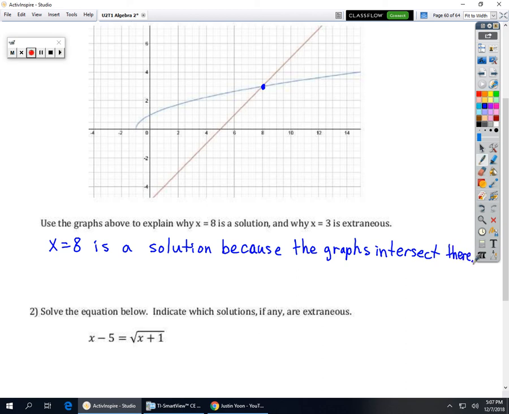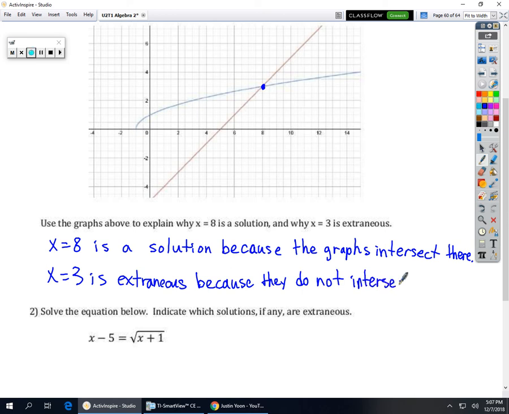X equals 3 is extraneous because the graphs do not intersect there. Okay, that's fine. All right, cool. So graphing is really nice.